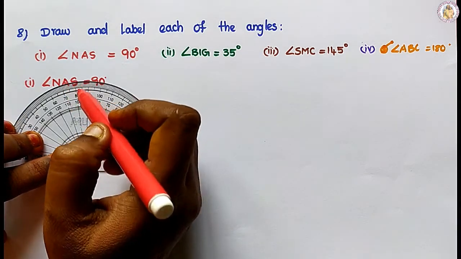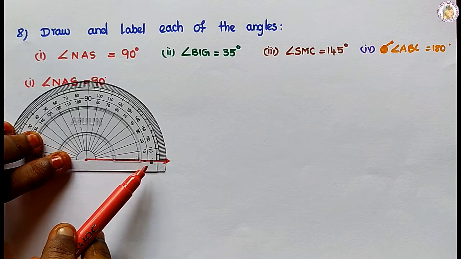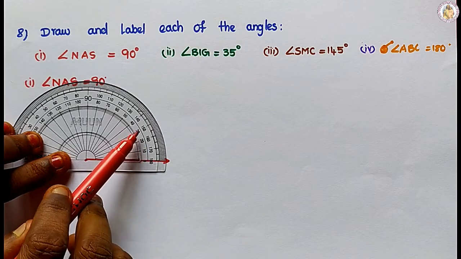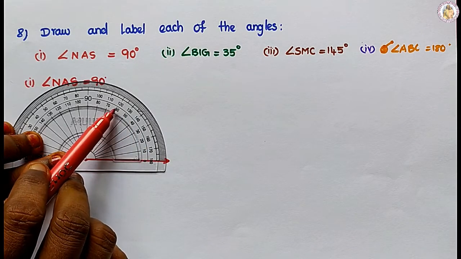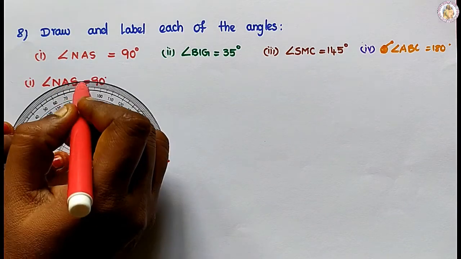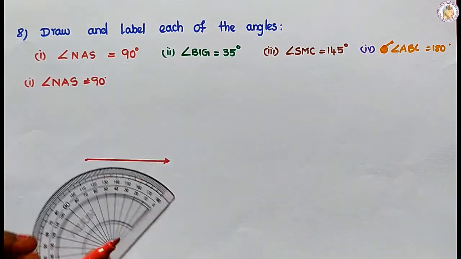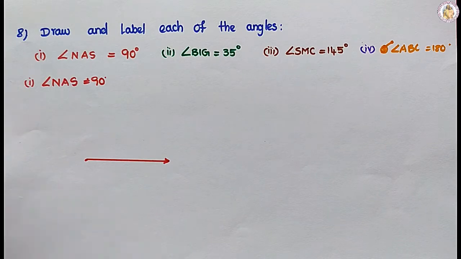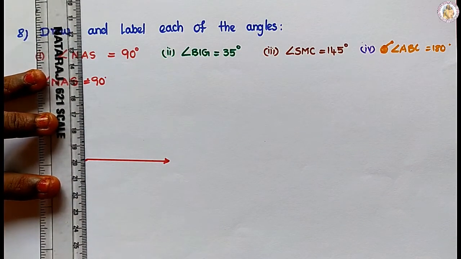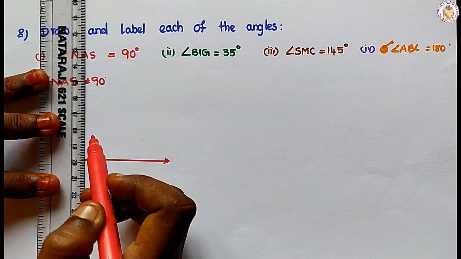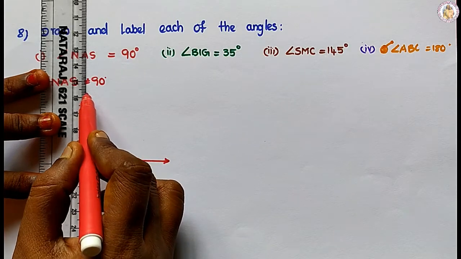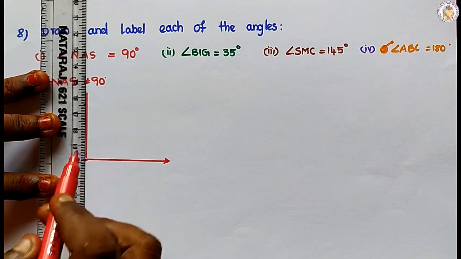Keep here at 90 degrees: 0, 10, 20, 30, 40, 50, 60, 70, 80, here 90. So you have to draw another ray.